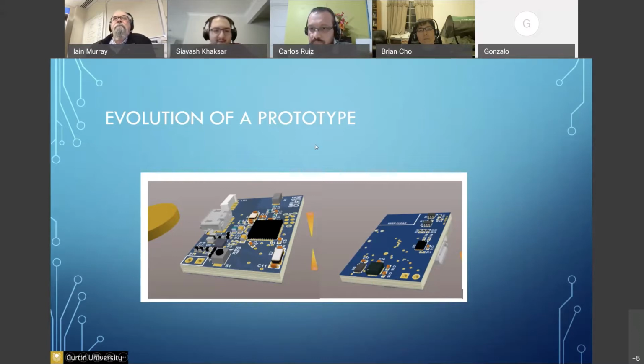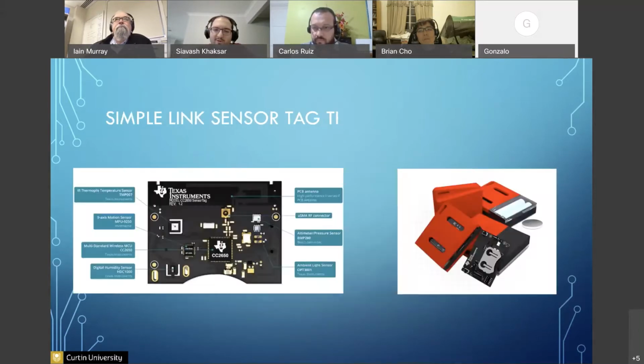I also have a couple of examples of approaches to playing around with sensors and microcontrollers. There are these sensor packs that some companies provide. This one is a sensor tag by Texas Instruments.